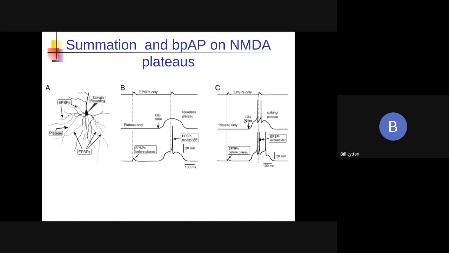What's different between here and here? Sorry, plateau only. Okay, this is just low. This gives you a spike. And now with a greater activation, you'll get plateau-activated spikes, but more spikes with the EPSP plus the plateau. So you get these complex combinations.